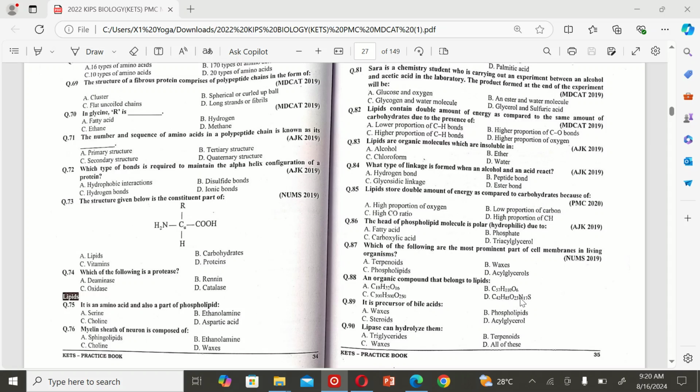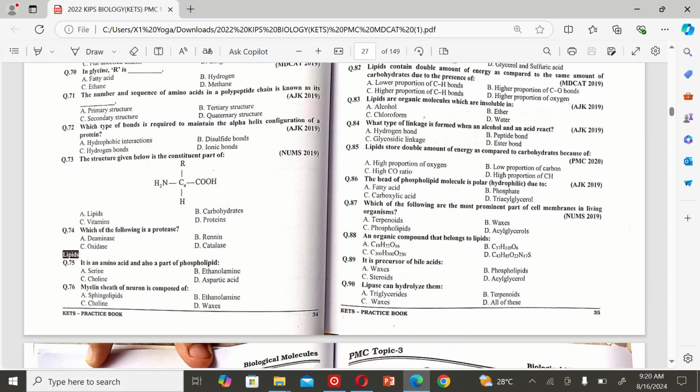The correct option is B. The next MCQ is: it is a precursor of bile acid. A. Waxes, B. Phospholipids, C. Steroids, and D. Glycerol. The correct option is C, steroids. The next MCQ is: lipase can hydrolyze them. A. Triglycerides, B. Terpenoids, C. Waxes, and D. All of these. The correct option is A, triglycerides.